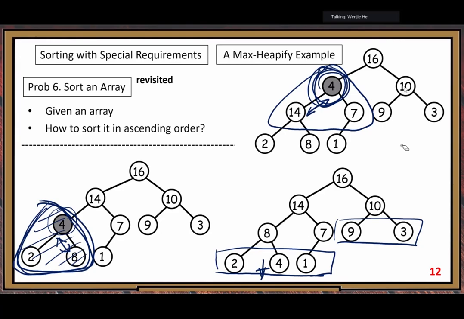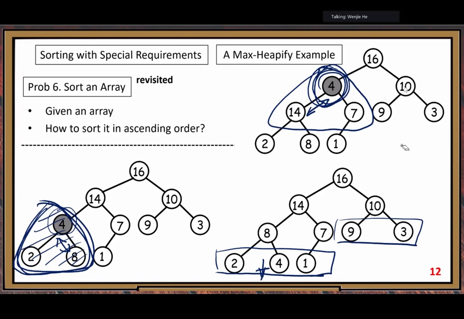Array. We don't want to use some very complicated data structure. To store a binary tree in an array, we need to do one special treatment. That is, we need to define the parent-child relationship. So we have a simple way to define parent-child relationship.